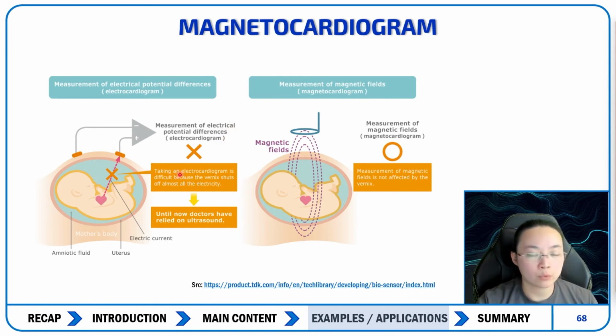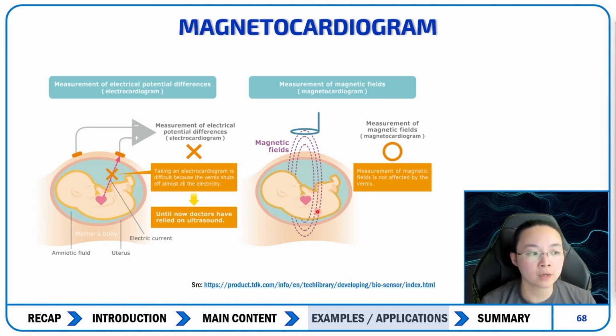And in order to take an electrocardiogram, it's very difficult on a baby because the vernix is going to, over here, the vernix is going to shut off almost all of the electricity. But for a magnetic field, we are able to calculate everything. The magnetic field is not affected by the fluid within the womb.